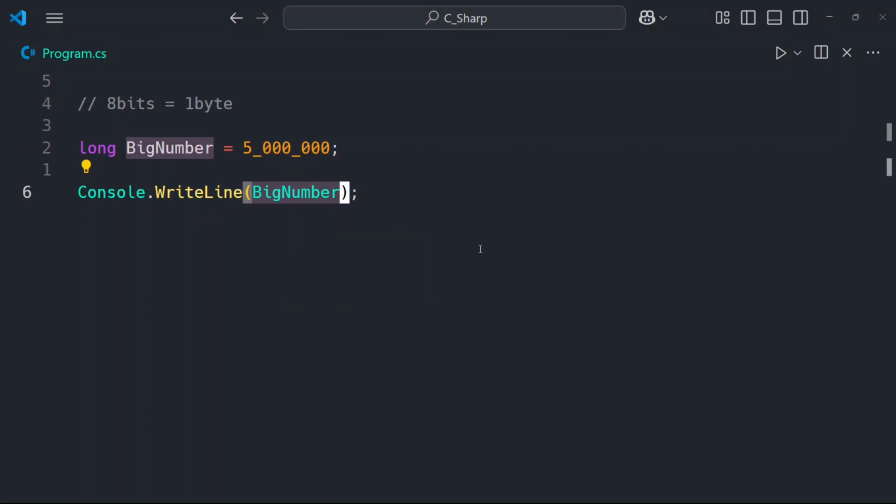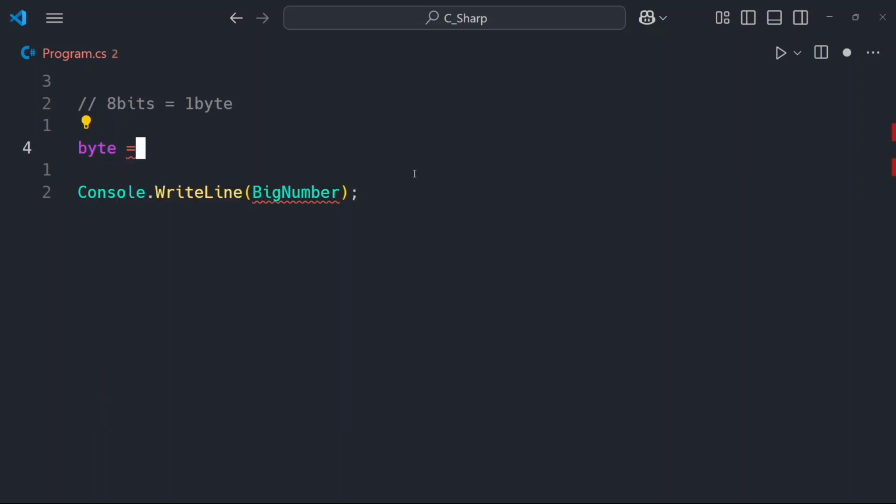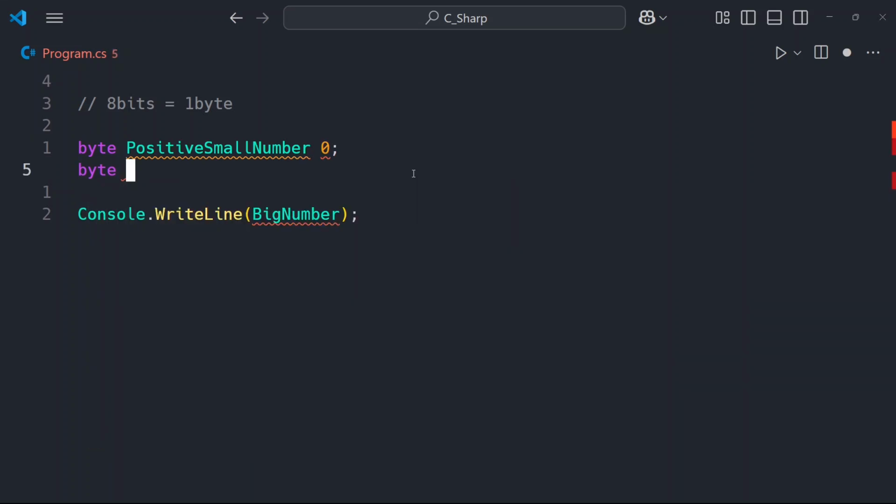Byte is just like sbyte, is also 8-bit. So that's just 1 byte. So we say byte equals small positive number 0, and you can say byte positive small number 2. Oh wow.